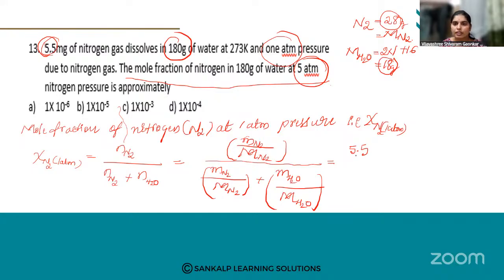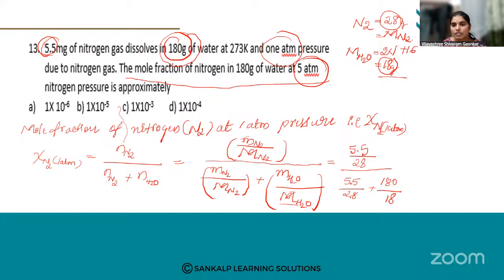Just substitute this. 5.5 divided by molar mass of nitrogen, that is 28, same quantity, 5.5 divided by 28, plus given mass of water, 180 gram, divided by molar mass of water. Molar mass of water we have just calculated, it is 18 gram.